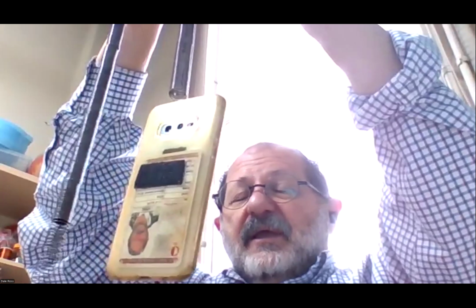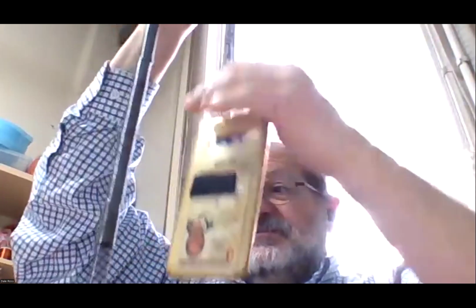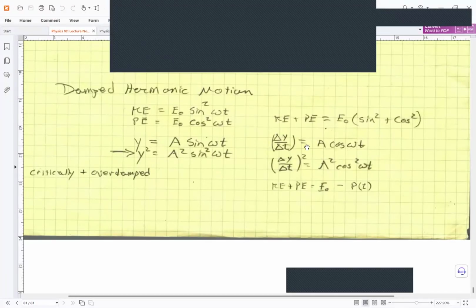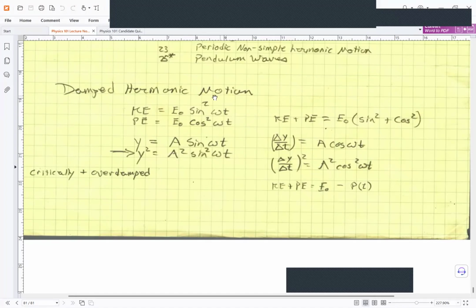And eventually, it will come to a rest. We say that this is exhibiting damped harmonic motion. This is the terminology for it here, damped harmonic motion.